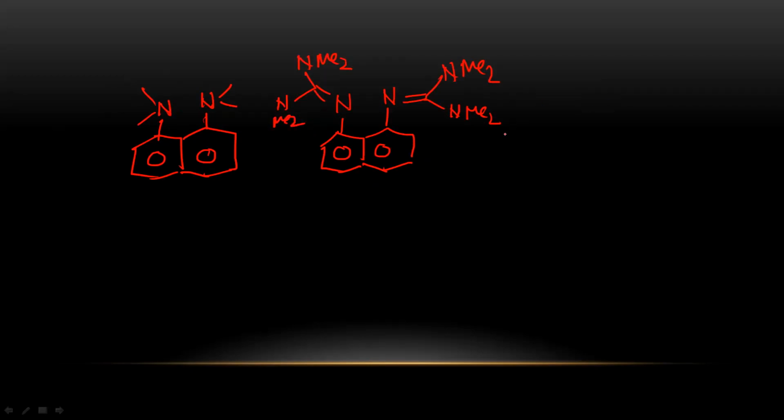It has a name, but I have forgotten the full form. This is called TMGN. Maybe tetramethyl guanidine type of proton sponge or something. Okay. The last one is a similar kind of structure.